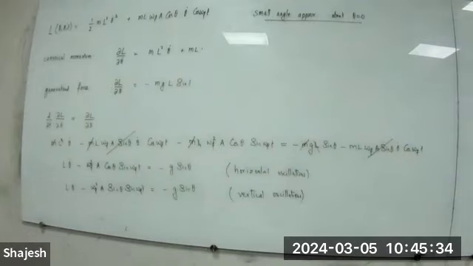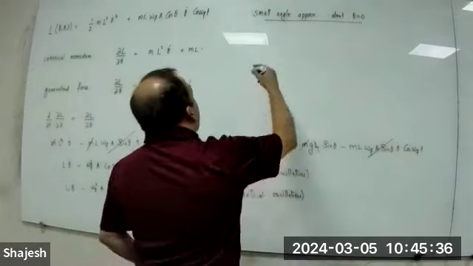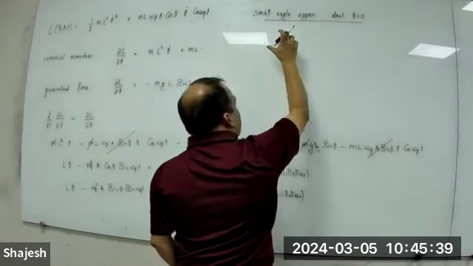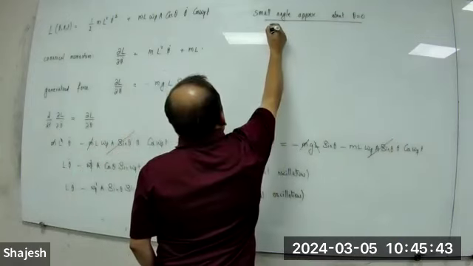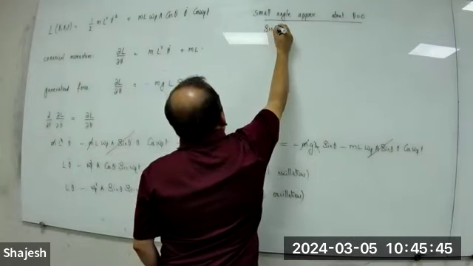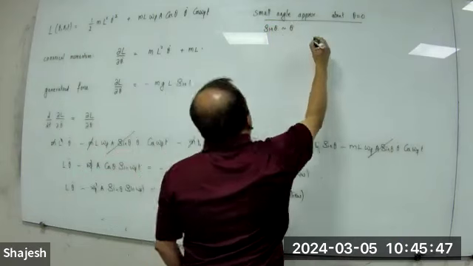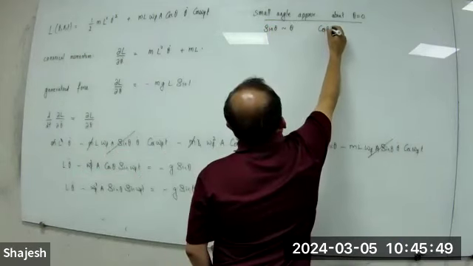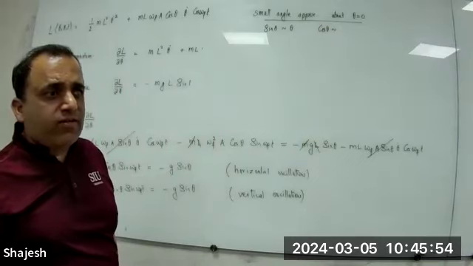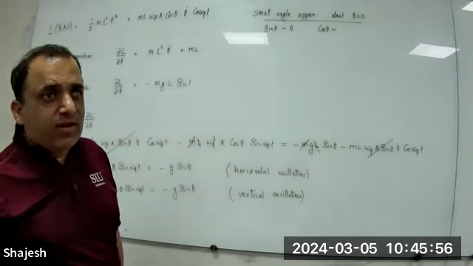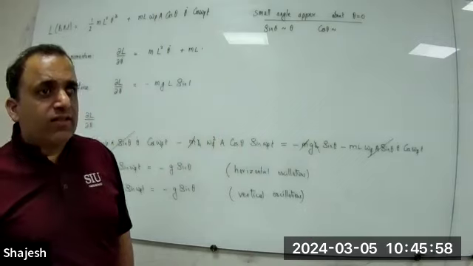Whenever you're doing small angle approximations, each term can have only one angle. You cannot have a double angle. So all sine thetas are approximated to angle theta, and all cosine theta is equal to, for small angles, what is the expansion of the cosine series?